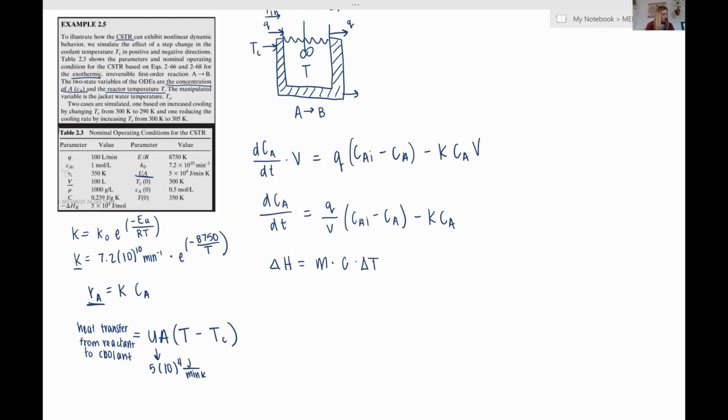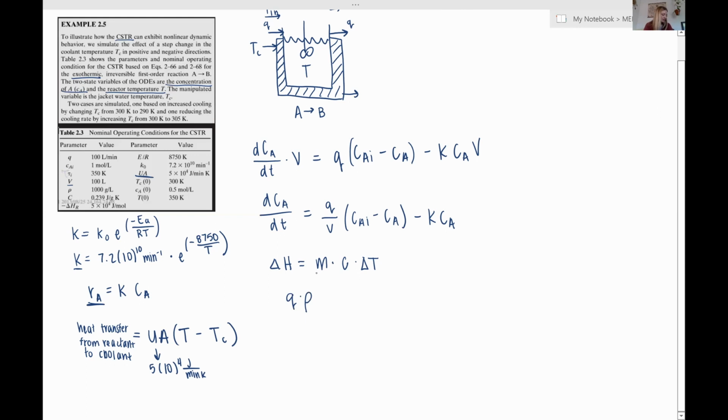So if we're thinking about our accumulation in this case, that is actually going to be our change in enthalpy, or delta H. So if we think about what our mass would look like in our problem here, we're not given an exact mass, but we can solve for it in a way because we are given rho, the density in grams per liter, and the flow rate Q in liters per minute. That would give us units of grams in the end, which is mass. So we'll have our Q times our rho.